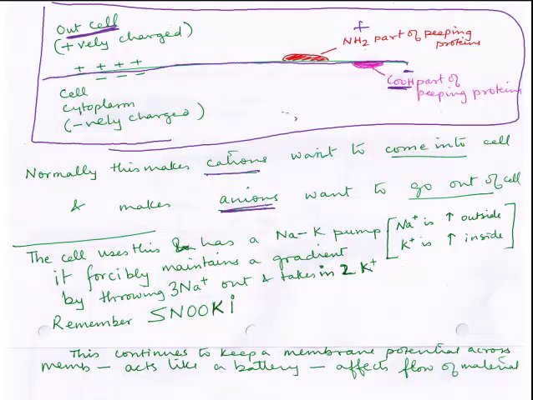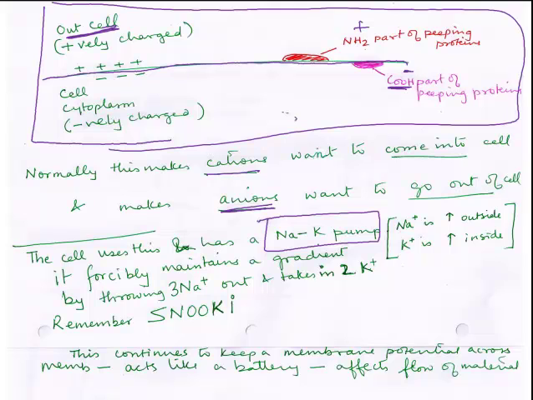This is sort of helpful. So the constant effort the cell puts is to keep this difference. There are different ways in which the cells can keep this difference. In an animal cell, it uses what is known as a sodium-potassium pump.